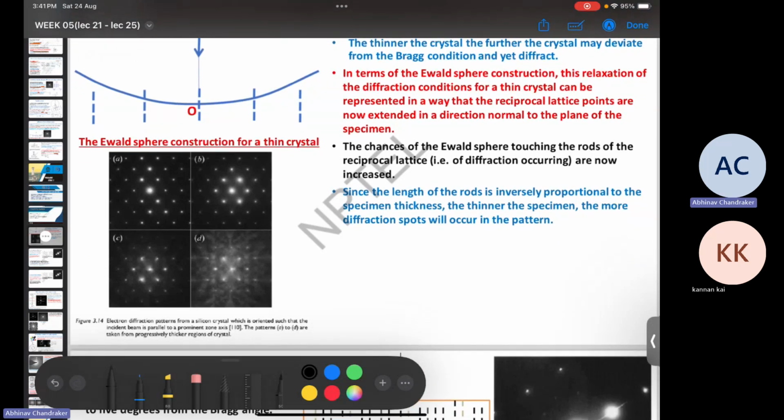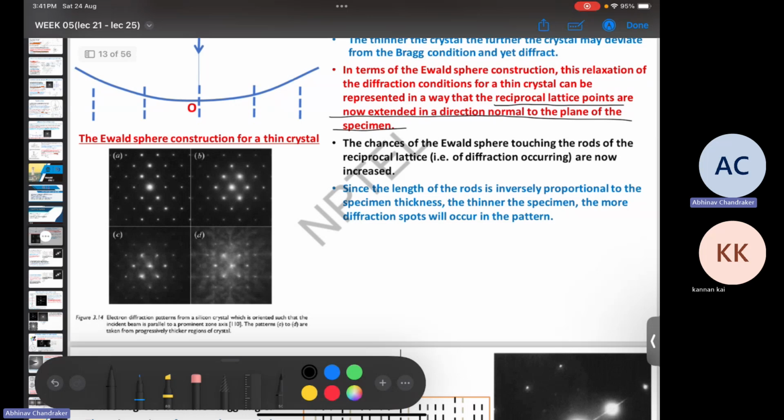One way of visualizing this phenomenon is by seeing the reciprocal lattice points as now extended in a direction normal to the plane of the specimen. So since we can call these rel rods instead of points, if the sphere intersects these rods, then we'll still see a diffraction pattern.